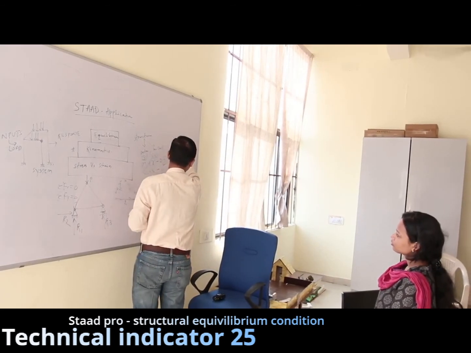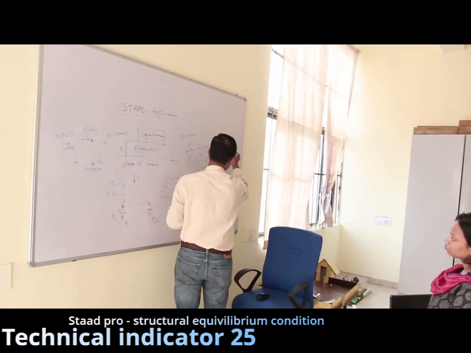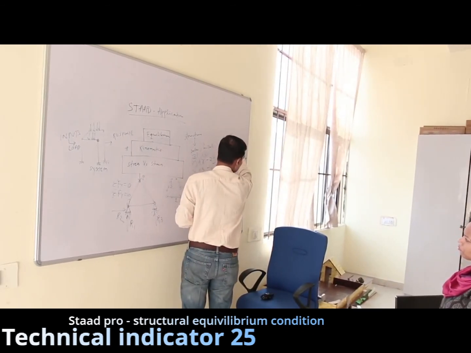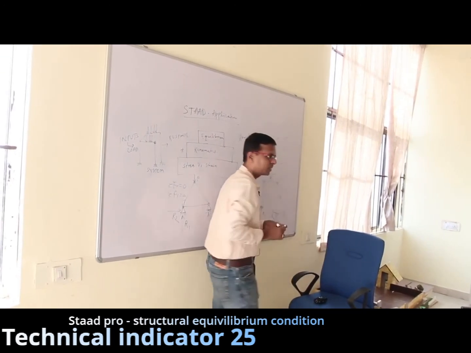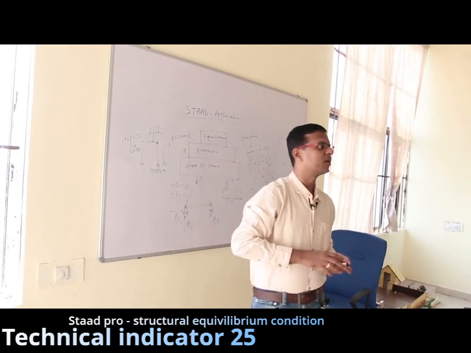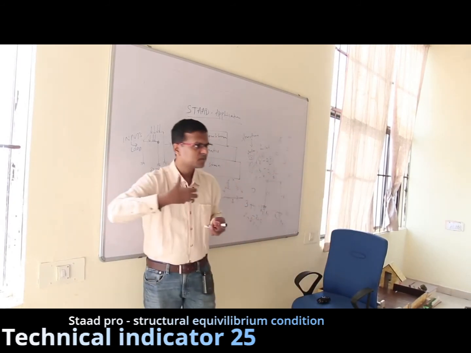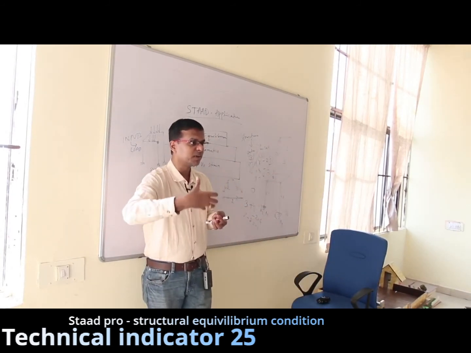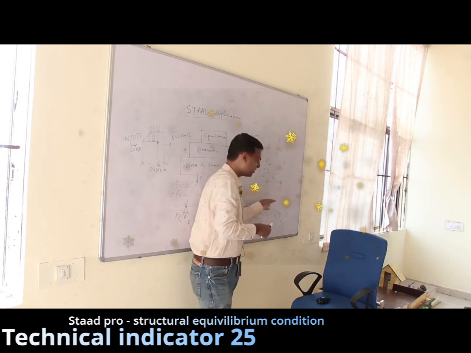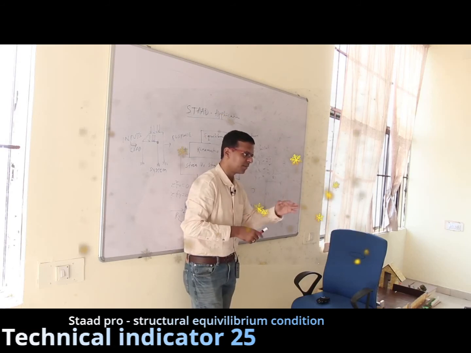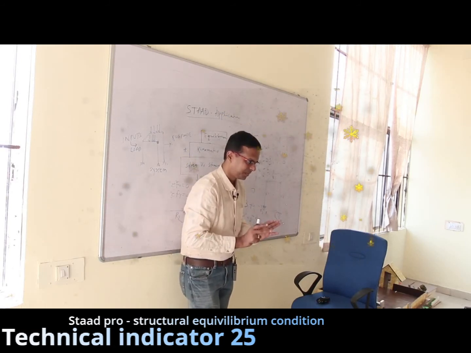If I remove this support, this will be a cantilever. My indeterminacy before was 2, and when I remove the roller, this reaction is cancelled, so the 2 becomes 1. For simplicity, sometimes we remove certain degrees of freedom in order to simplify the problem. A fixed joint typically has 6 degrees of freedom, and those are 0.